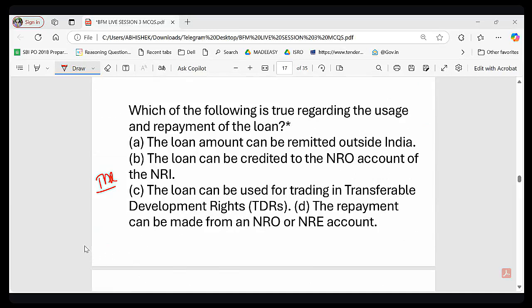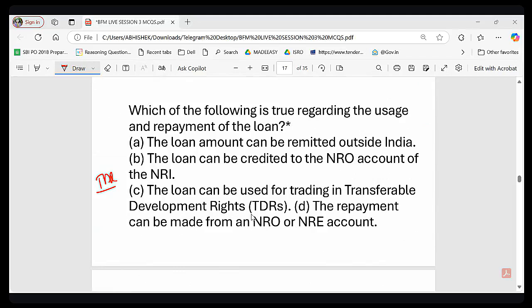Okay, fine. So before we reveal the answer, let's start with this. Can the loan amount be remitted outside India? Type yes or no in the chat. What do you think?